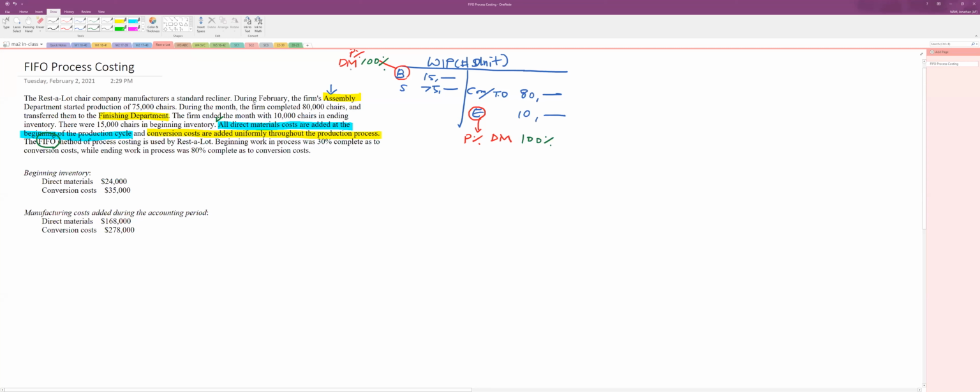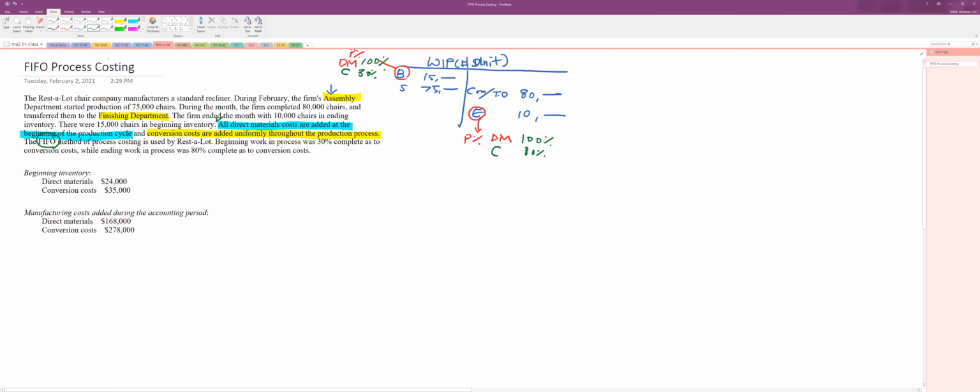That means because conversion costs are added evenly throughout the process, and the overall progress rate of the beginning is 30%, its conversion progress rate is also 30%. While ending work in process, this ending balance of 10,000 unfinished chairs, they are 80% done. That means their conversion progress rate is 80%.